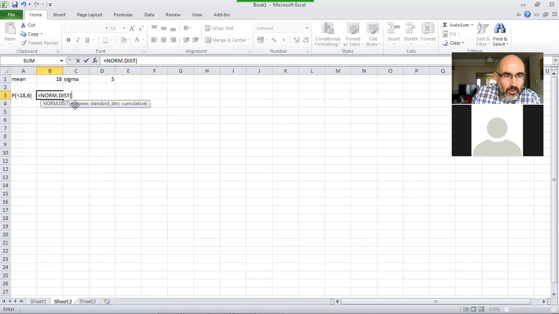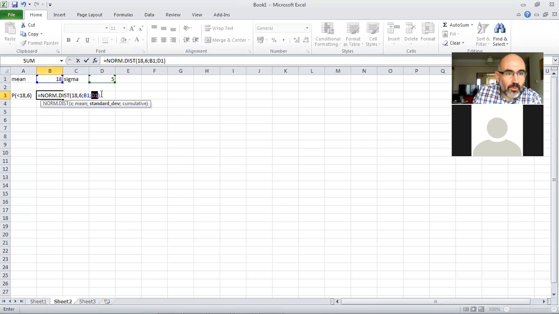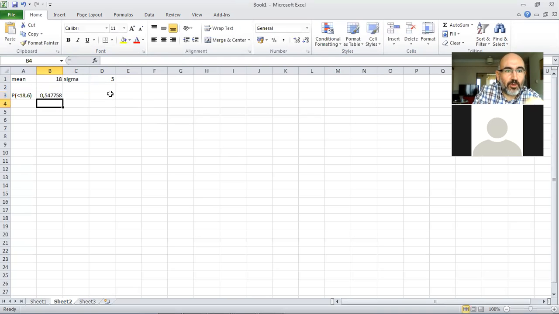We input the number 18.6, the mean, and the standard deviation, and we use true for the cumulative distribution function. We get 0.54, and this is the same answer we got on the slides.